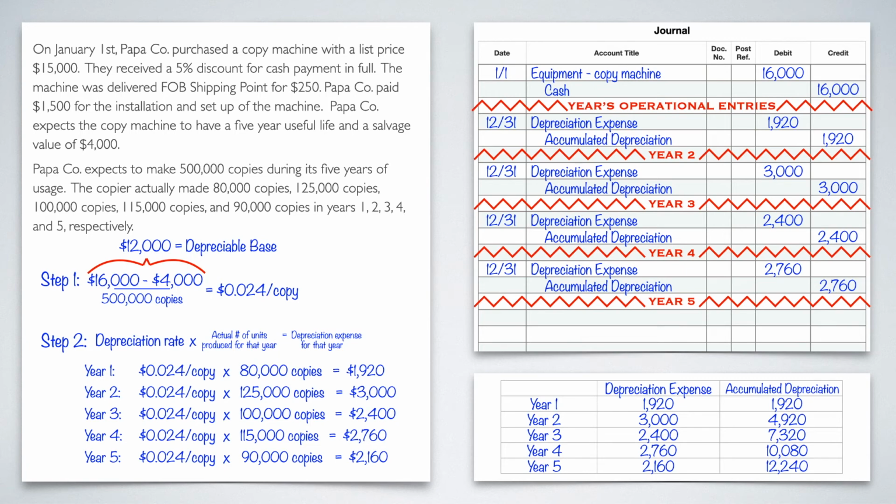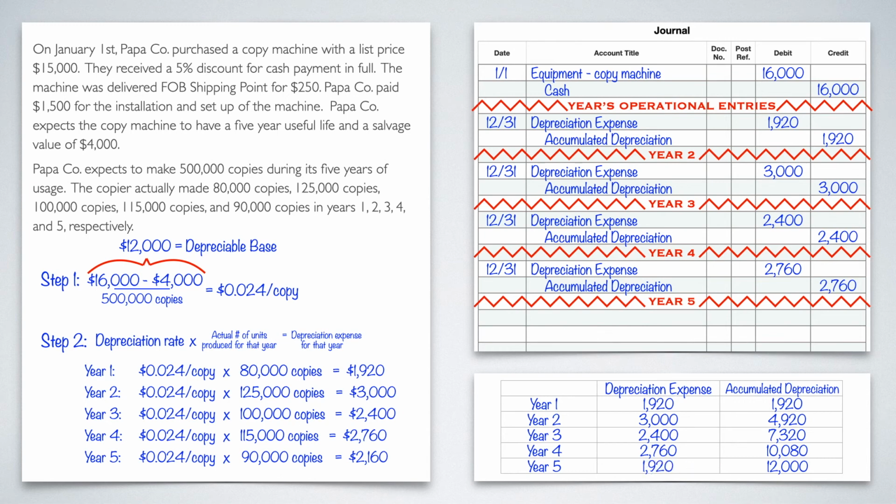So what do I need to do? Well, I need to bring that 12,240 down to 12,000 because that's the max. In order to do that, I need to take away 240. If I take away 240 from accumulated depreciation, then I have to take away 240 from the depreciation expense. That's the only way to get there. So that will give me 12,000, and therefore my depreciation expense will be 1,920.